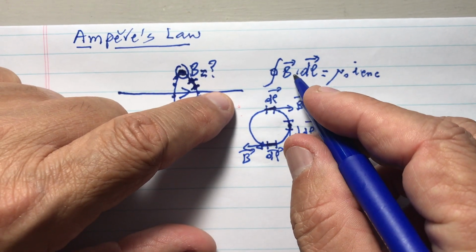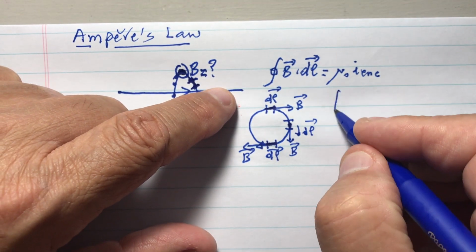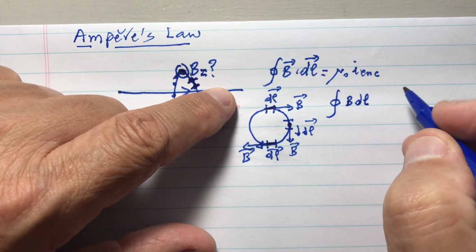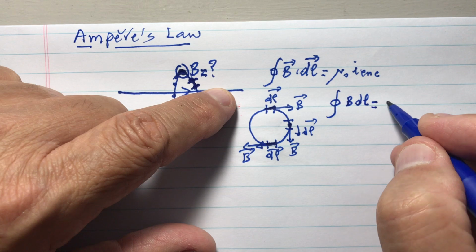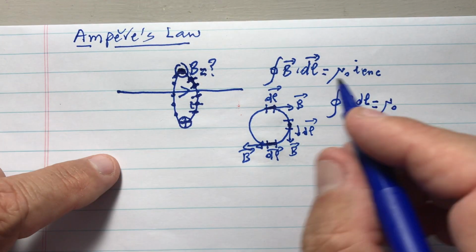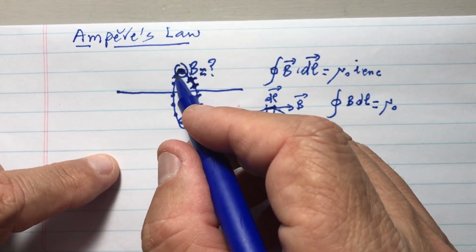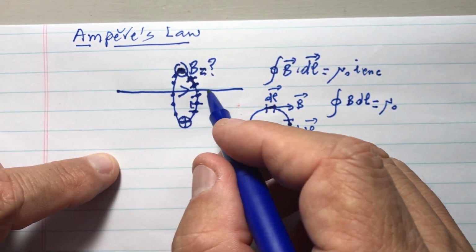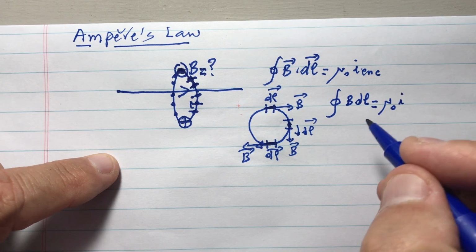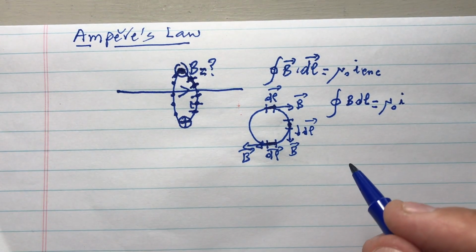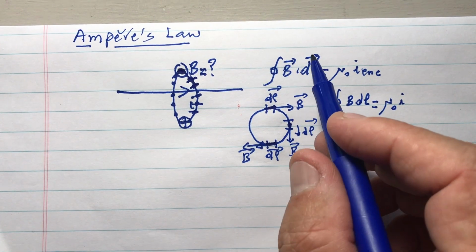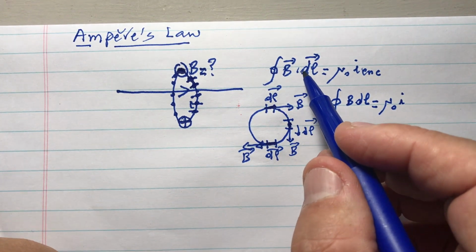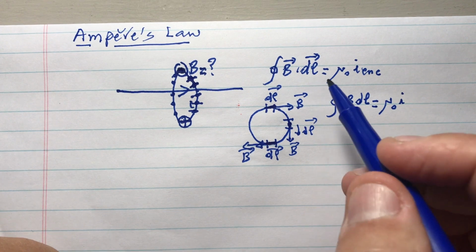So instead of using these vectors, we can just say the integral of B dl is mu 0 I enclosed. The current enclosed in this loop is just this current here, so I just put I. Now we got rid of the vectors because B and dl are parallel.